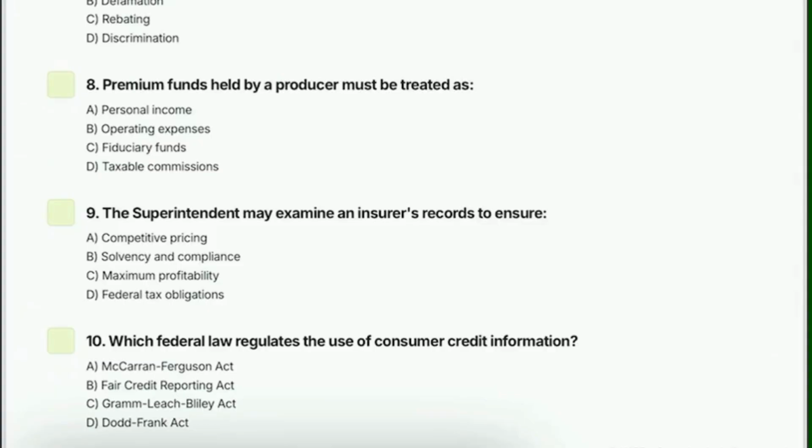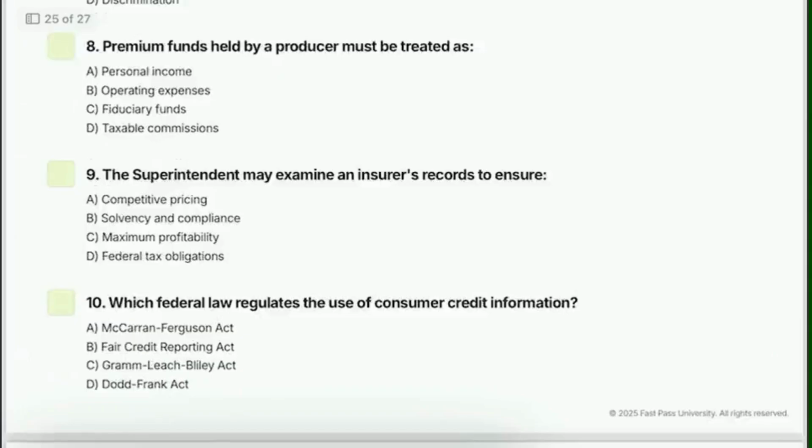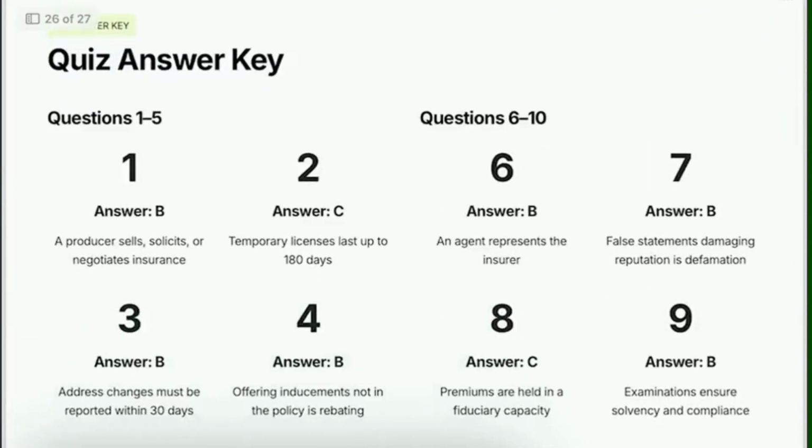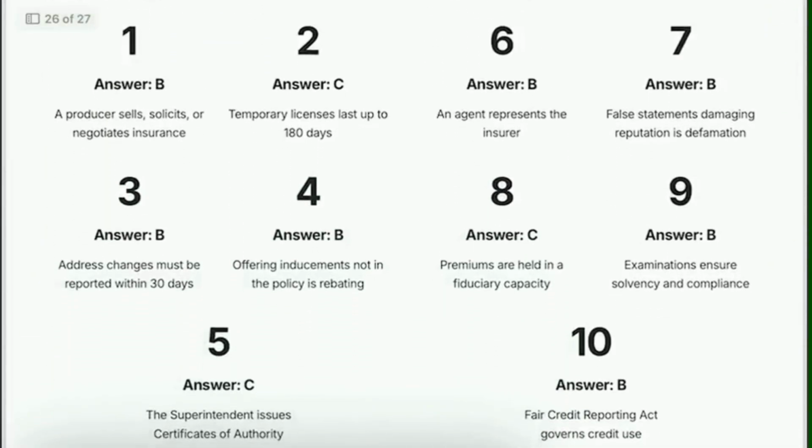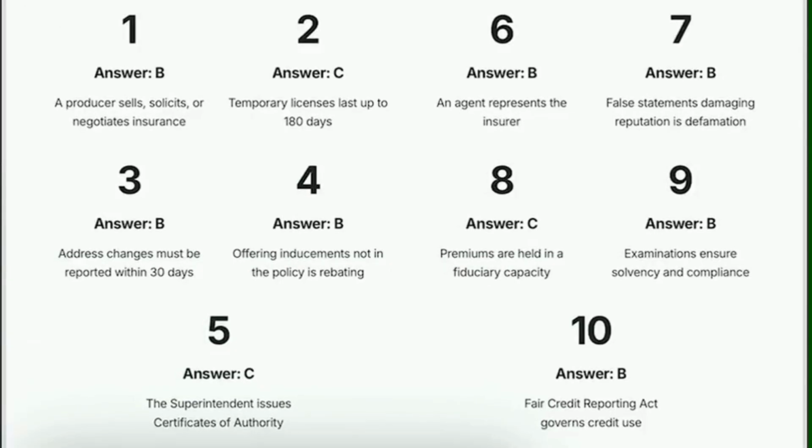Number 1, the answer was B, a producer sells, solicits, or negotiates insurance. Right, that means that they are an agent or a producer and they need to be licensed. Number 2 was C, temporary licenses last up to 180 days and only in the event of death and disability of a producer for business continuity, and they cannot be renewed.